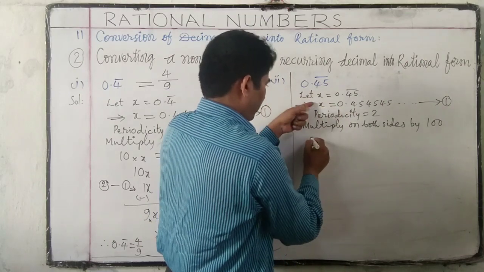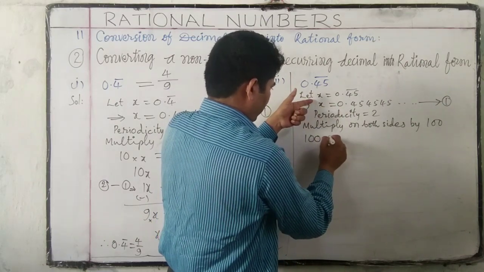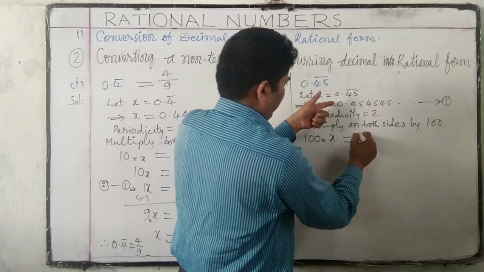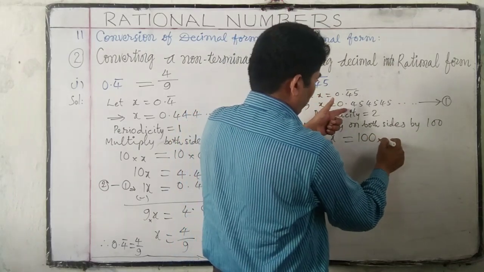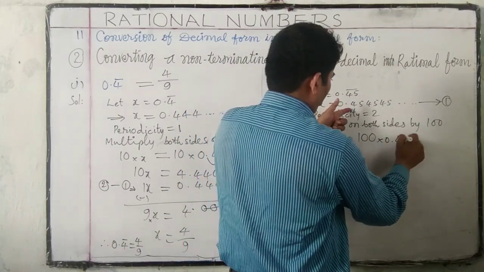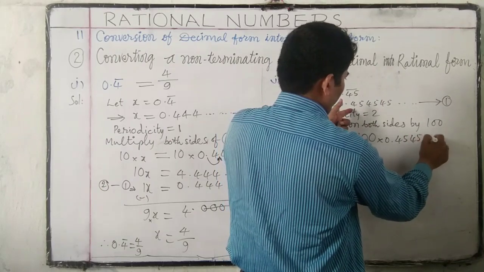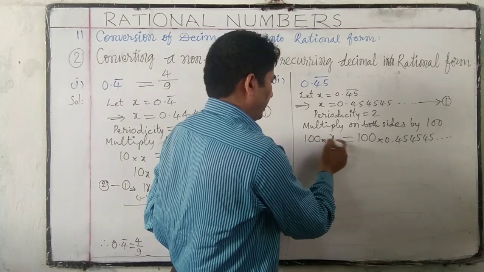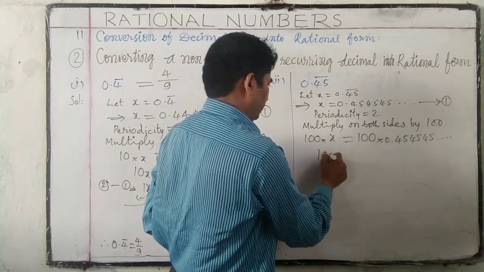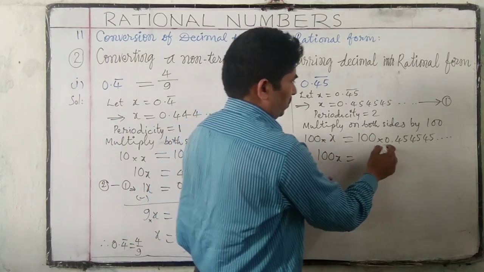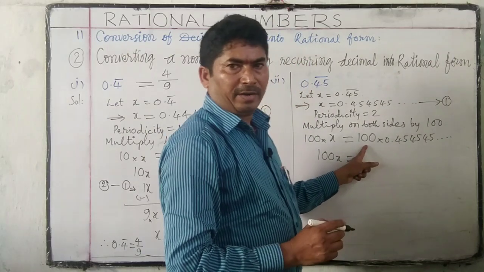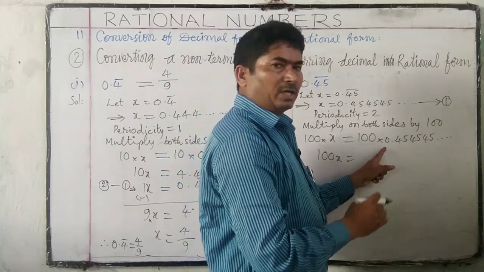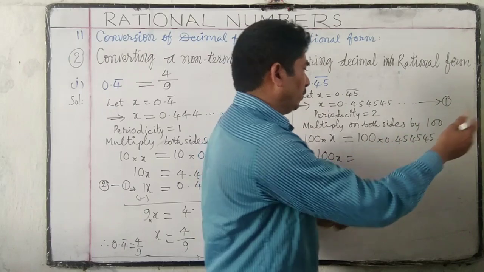On the left hand side, 100 into x. On the right hand side, 100 into 0.45, 45, 45 and so on. 100x is equal to, to multiply by 100, shift the decimal to the right by 2 places.